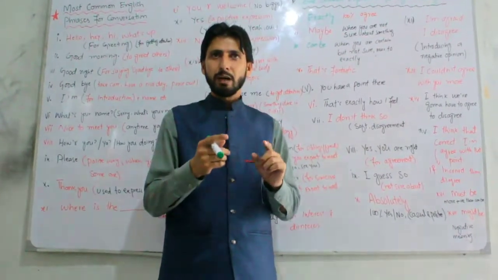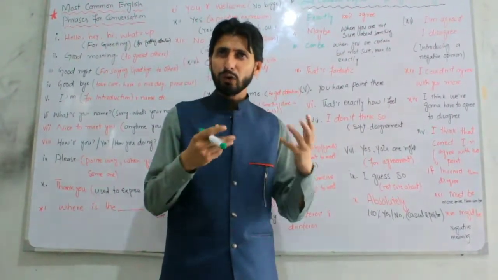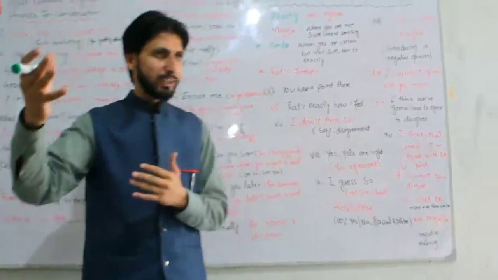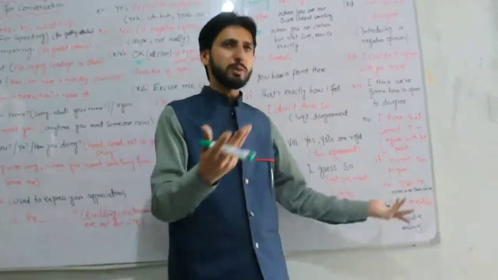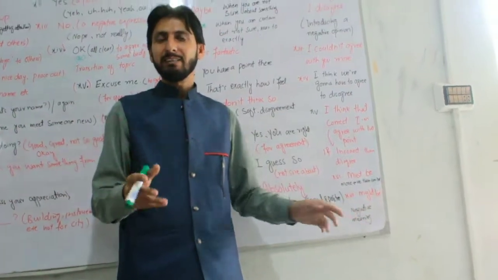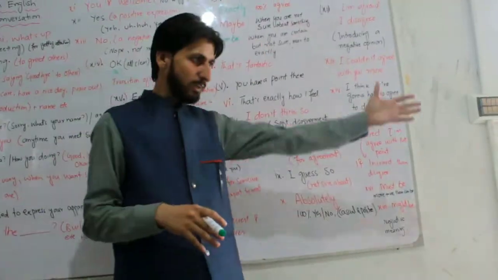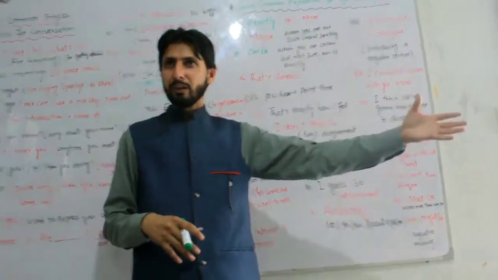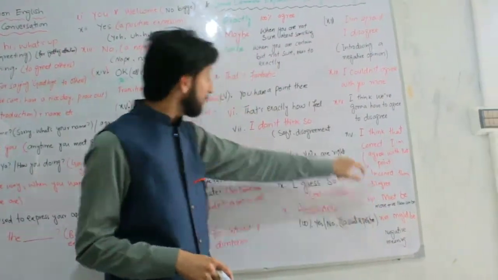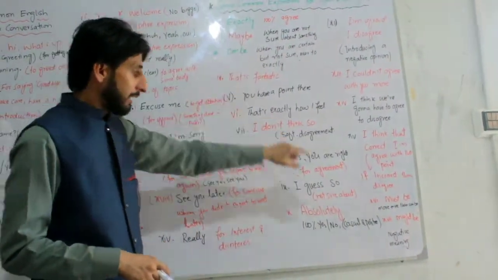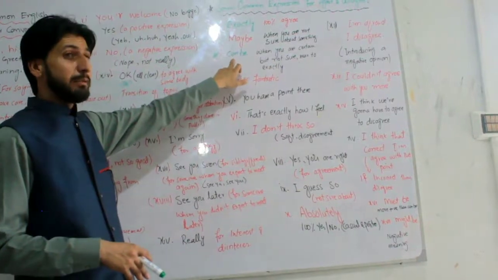From his appearance you don't know whether he is a constable or an officer, but you can say he must be a policeman because he is wearing the uniform. From the particular situation, from the particular appearance, you can say that. So this is very similar to exactly, and this is more positive than can be.